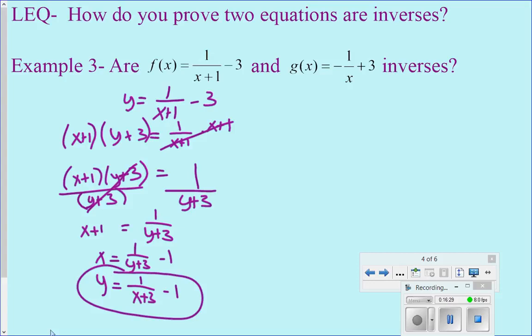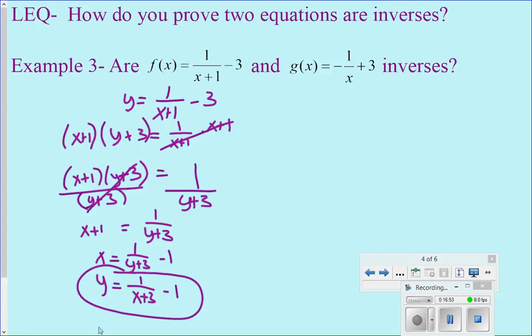So the minute you find a counterexample, you don't have to do anything else because this is not the same as that, which means I don't have to check g inverse of x at all. I know that g inverse of x is not going to be f of x because I found f inverse of x and I didn't get g of x. So I don't even have to bother any further.